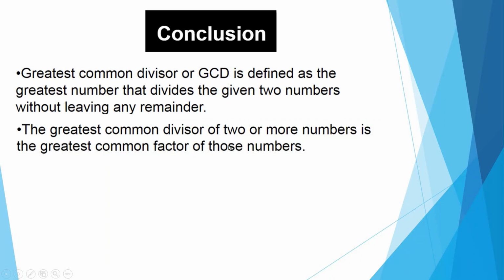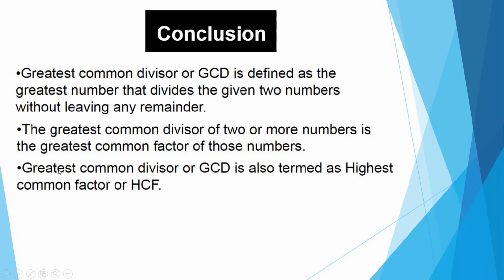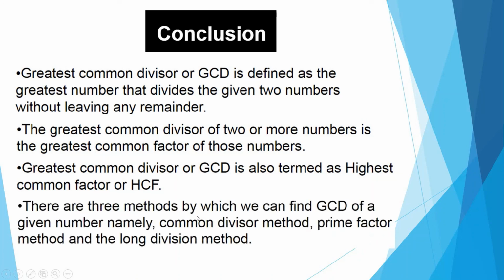It is also termed the highest common factor, or HCF. There are three methods to find the GCD or HCF of given numbers, namely the common divisor method, the prime factorization method, and the successive long division method.